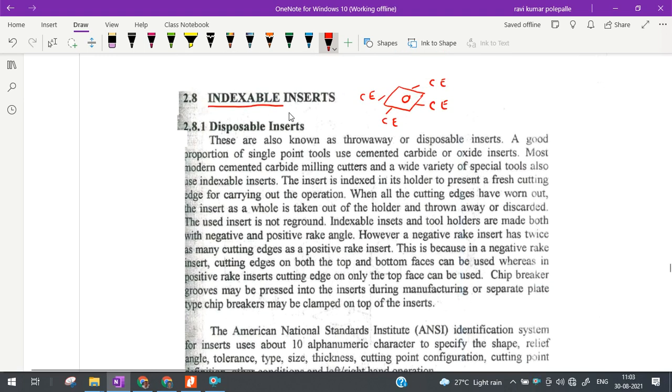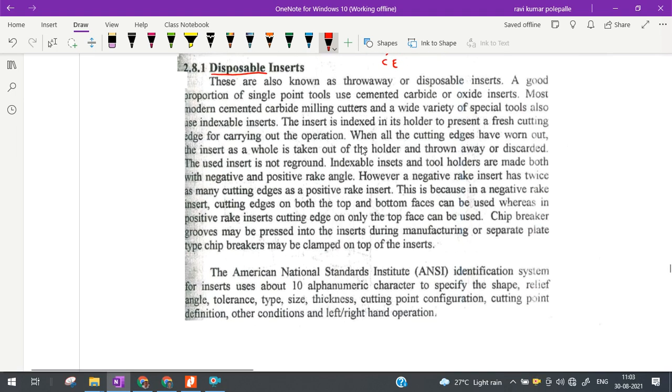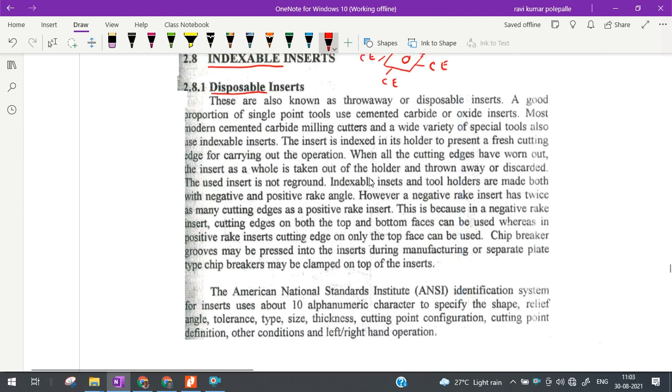Further, these inserts are disposable. That means once these four edges are used completely, we can throw them away. A large number of single point cutting tools have been using cemented carbide or oxide inserts. Even milling cutters these days are using cemented carbide inserts.